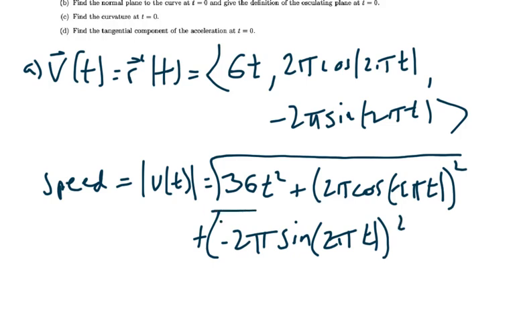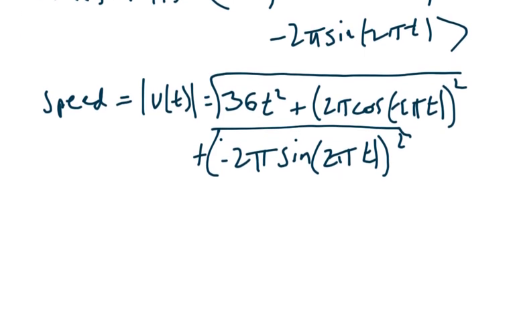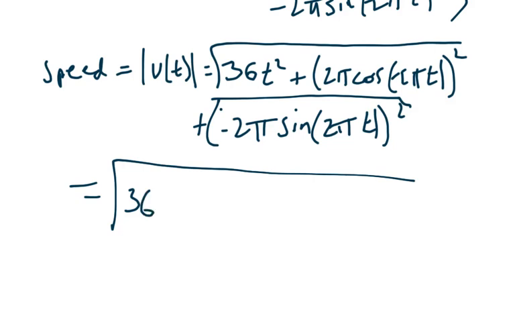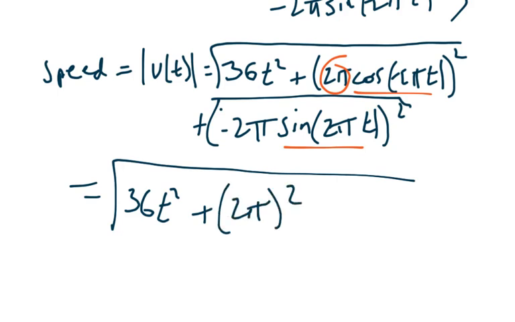And this is all under the square root. So we see we have 36t squared. And here we have sine squared of 2 pi t and cosine squared of 2 pi t, and they're both multiplied by 2 pi squared. So we just end up getting plus 2 pi squared. Okay, so that's our speed.